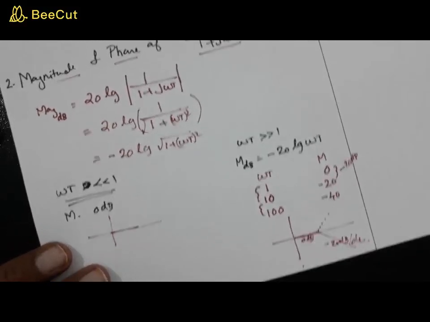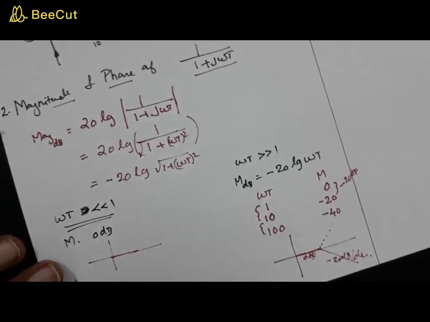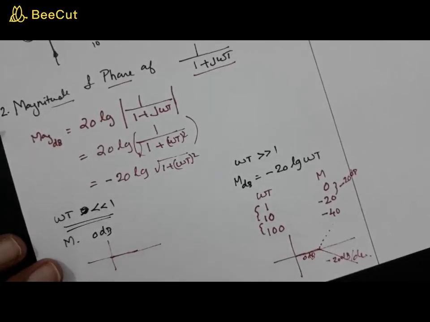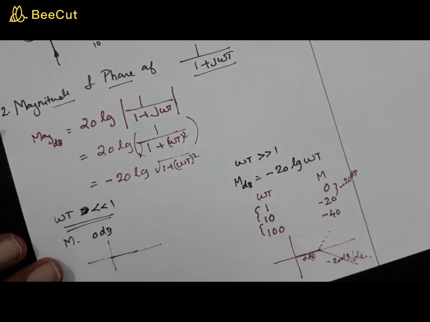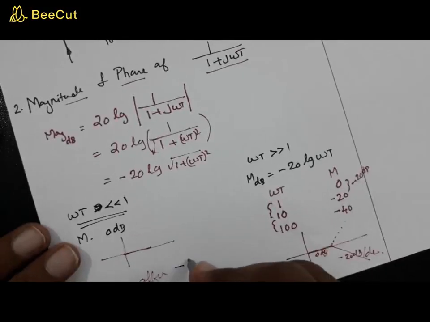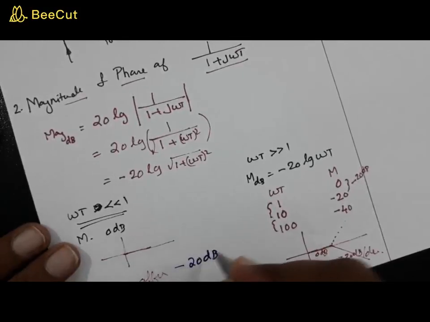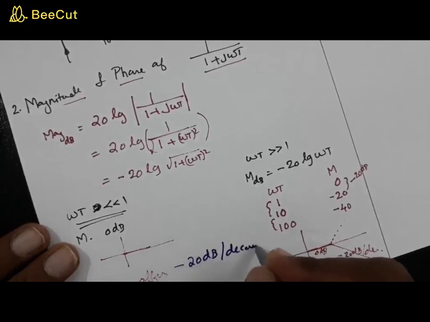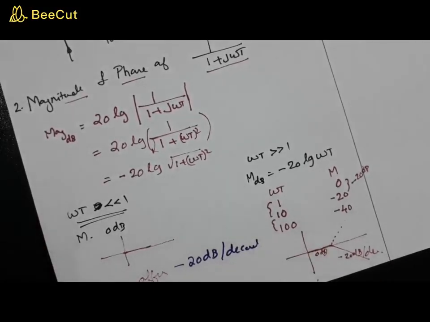So you can see that this 1 by 1 plus j omega t offers minus 20 dB per decade to the transfer function. How will you find out this point?